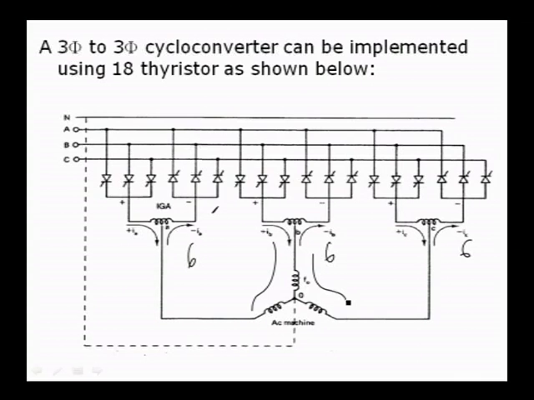How is the speed controlled? By cycloconverters only. So, this is the important application of cycloconverters: speed control in AC drives, or induction heating. It is used in industries, rolling mills and all.